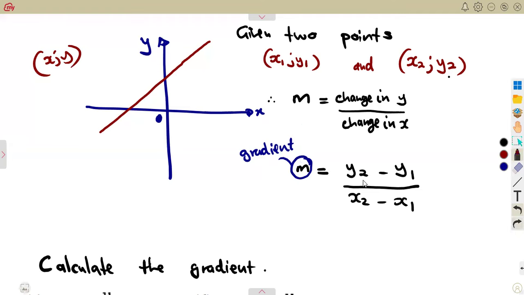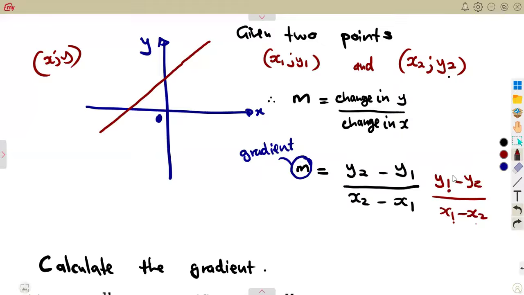So take note, because we are subtracting the y and also subtracting the x values, it also follows that even if you use this as y1 minus y2 over x1 minus x2, as long as you start with the 1, y1 minus y2, 1, okay? Here you started with 2, so it's 2 minus 1, you must have the same part, 2 there.